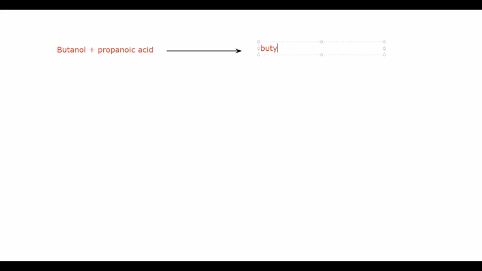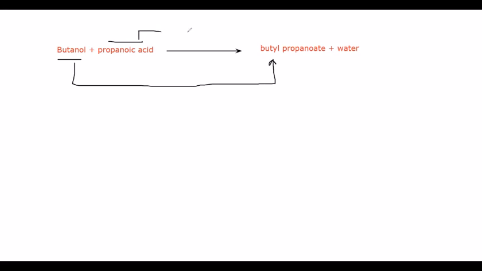It will be butyl propanoate plus water. So you can see the first name of the ester is always coming from alcohol, and the second name of the ester is coming from carboxylic acid.